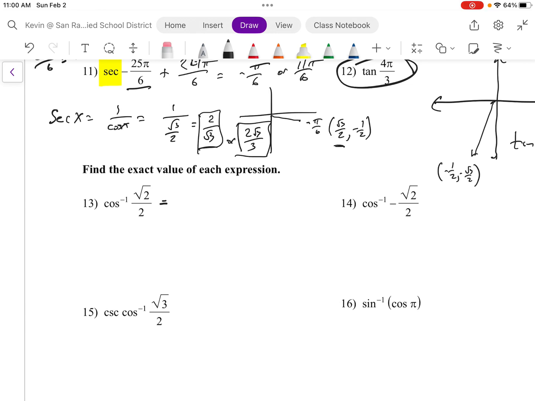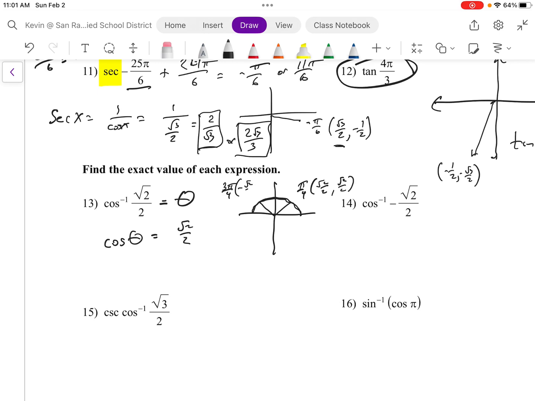Find the exact value of each expression. So arc cosine of root 2 over 2 is equal to some angle. Arc cosine is an angle. So cosine of some angle equals root 2 over 2. What angle is that? Since we're doing arc cosine, it has to be here. At pi over 4, it is root 2 over 2.